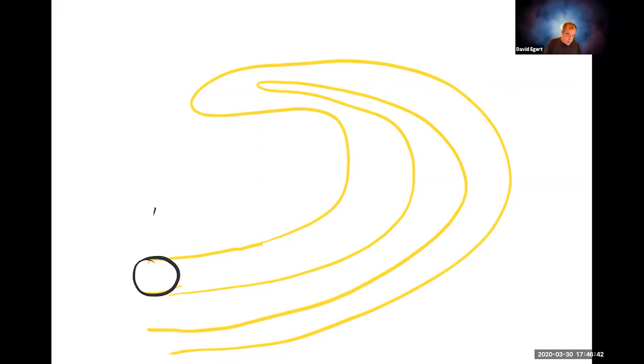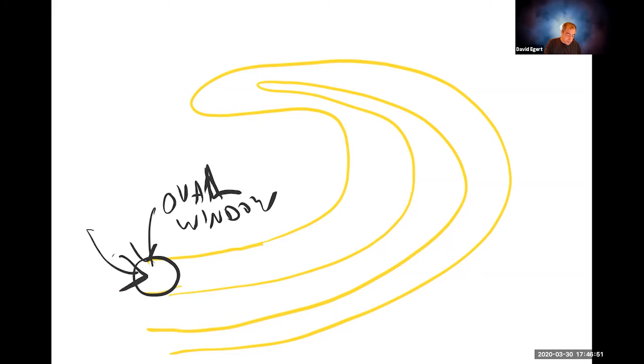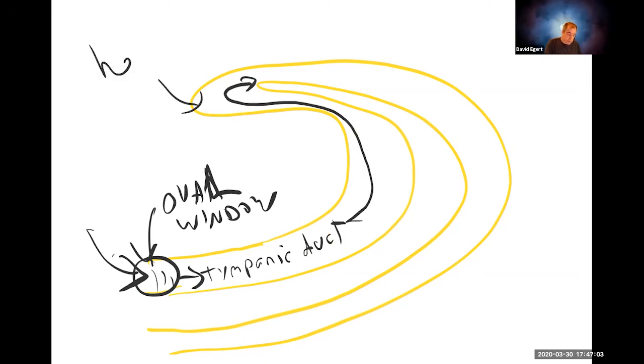So here we had the oval window, where basically the vibration is entering, coming into our vestibular duct here. The fluid loops around at the helicotrema.